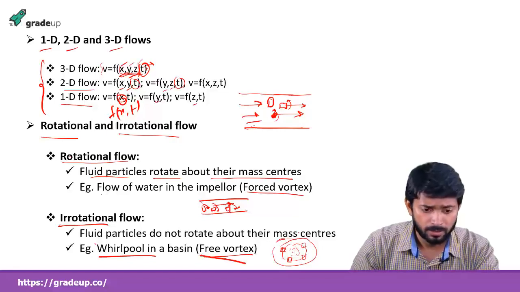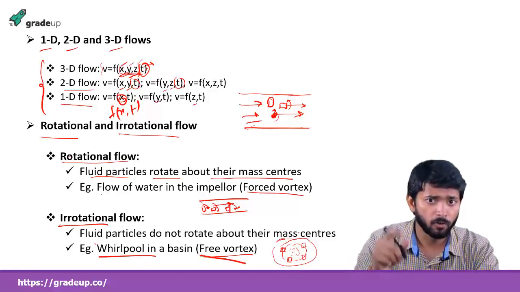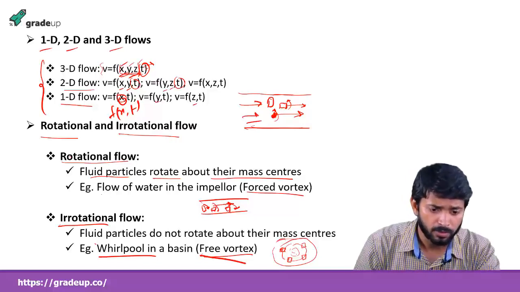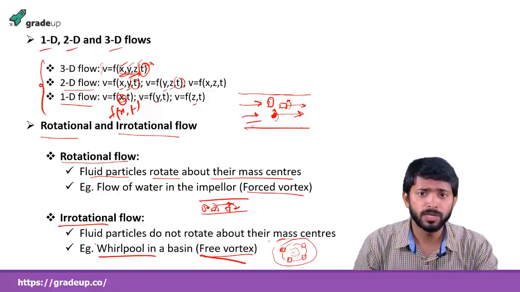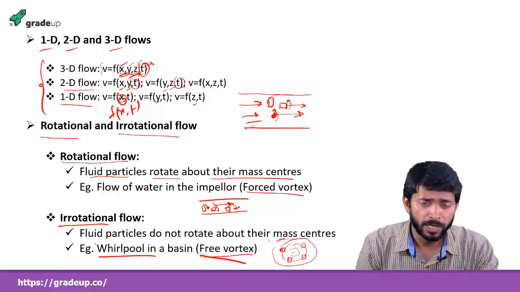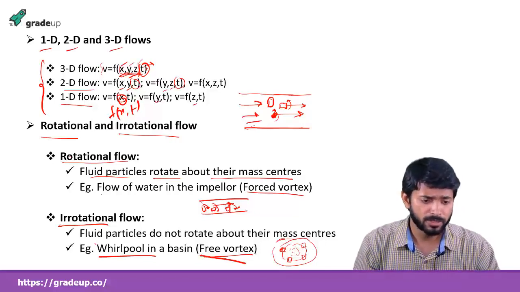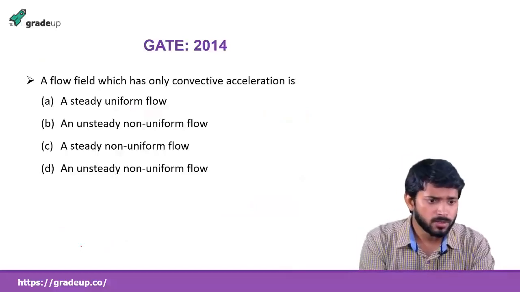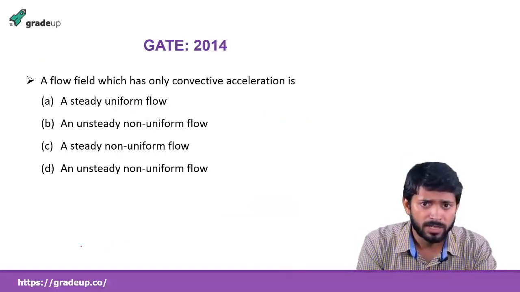So the flow is rotational, but the fluid element at its location is not rotating. The condition of rotation is that the fluid element should rotate about its center of mass. So this is a case of irrotational flow. These are the types of flow we have discussed.